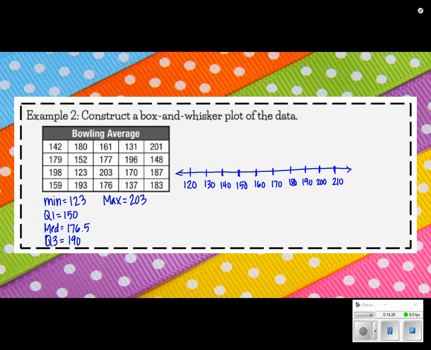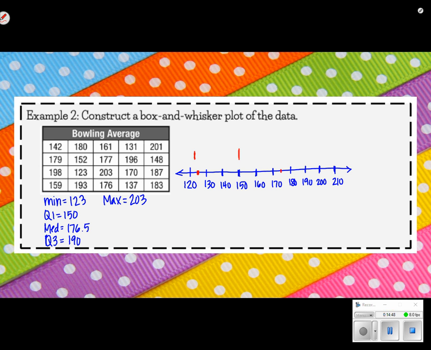All right. So now we're going to have to estimate where these are. 125 would be about right there. So I want something a little bit less than that. So I'm going to say this is about 123. 150 is right on the line, so that's going to be right there. 176.5.